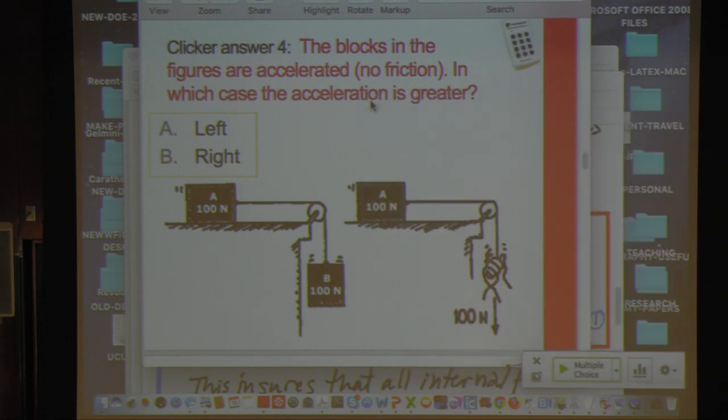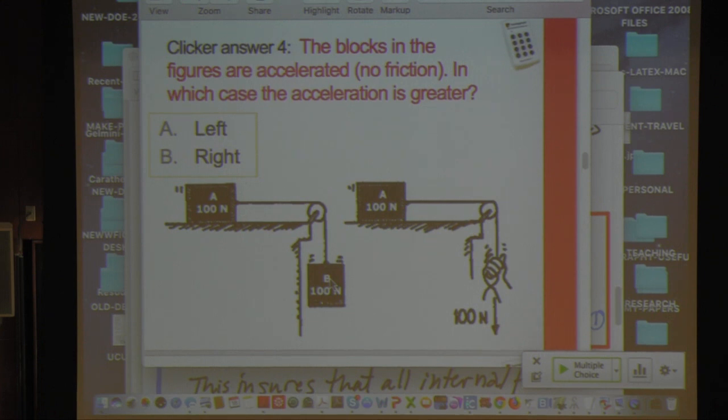This requires a little bit of thinking. In this case, this is accelerating this way. There is no friction, so this would be accelerating this way. This is falling. If this is falling in an accelerated fashion, is the tension equal to the force of gravity or not?